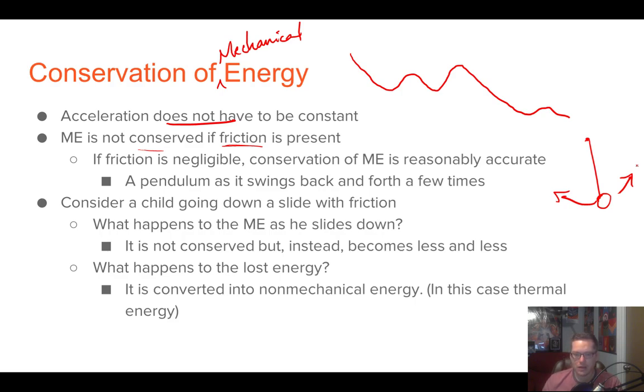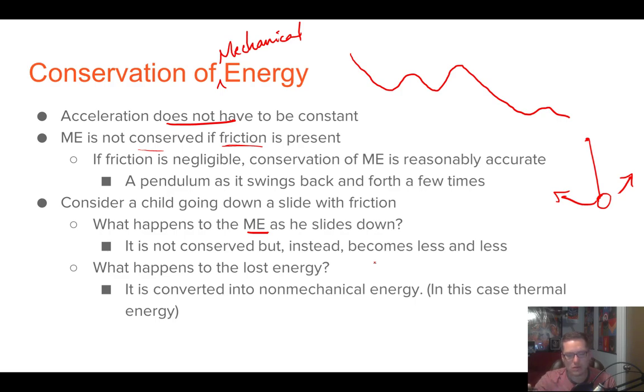But consider something like a child going down a slide, and if that slide has friction on it, which is normal, the mechanical energy gets lost as he slides down. It becomes less and less. He's got quite a bit of potential energy. As he goes down, some of the potential energy converts to kinetic energy, and that's why he speeds up as he goes down the slide.